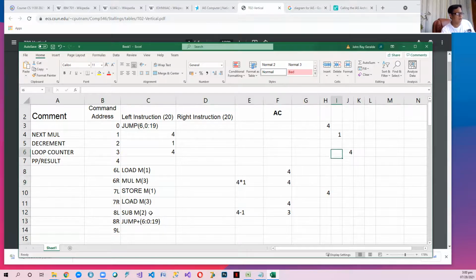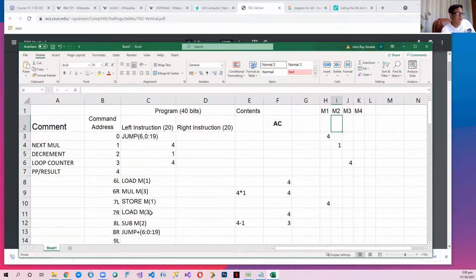And what if we have... sandali ah. Sandali. Kasi yeah. If you are going to store our partial product here as 4, so we are going to load M4.